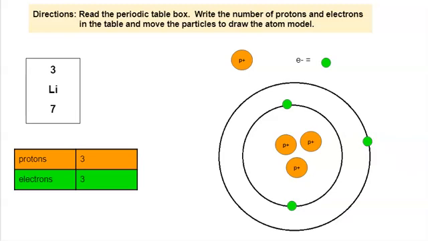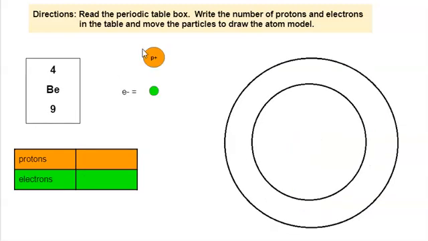All right, let's check your next atom. Next atom was beryllium, and in beryllium's case, there are 4 protons. We know because of this atomic number, always the smallest number. So 4 protons, and because it's on the periodic table, if it has 4 positive charges, it has to have 4 negative electrons. Now let's copy and paste our protons and electrons, and move these into their positions.